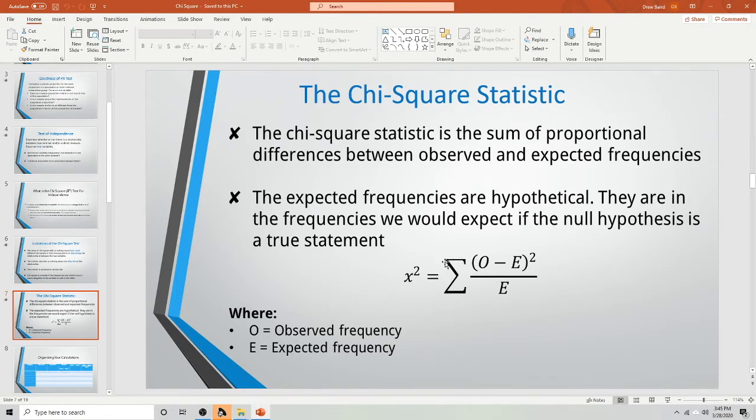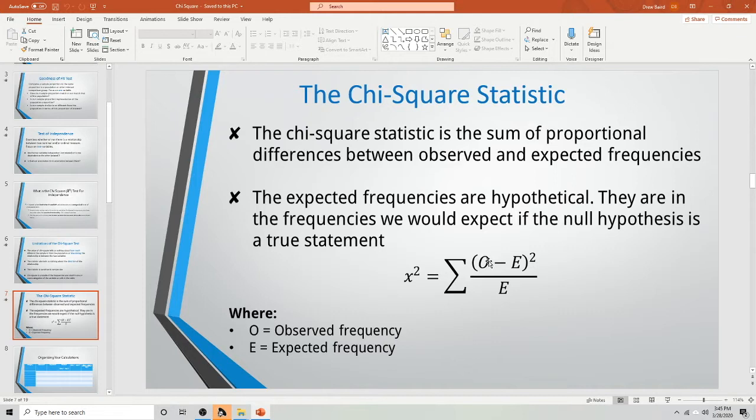You are going to have to do this formula multiple times and then add it. Now that said, I know that it can be cumbersome to deal with that. We're going to do examples, and on the test, there's only going to be problems that have a limited number of categories, which means you're only going to have to do this equation a handful of times and sum a handful of numbers.